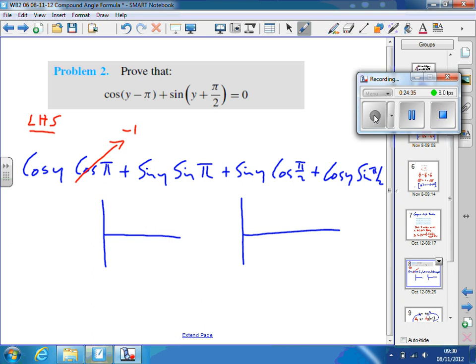We could quickly sketch a sine wave and a cosine wave. Sine wave looks like this for one complete cycle. Cosine looks like this for one complete cycle. Okay? In terms of radians, one complete cycle is what? 2 pi.